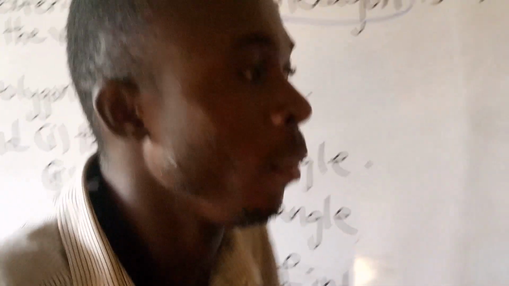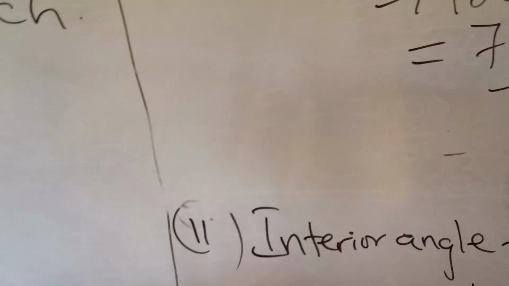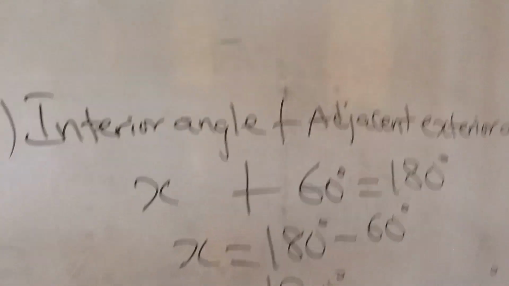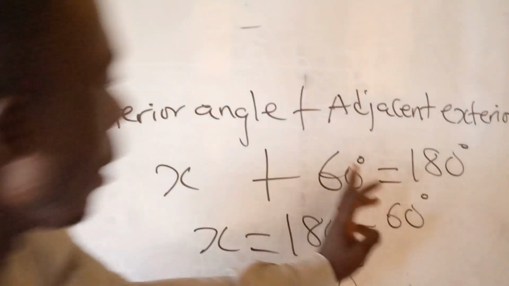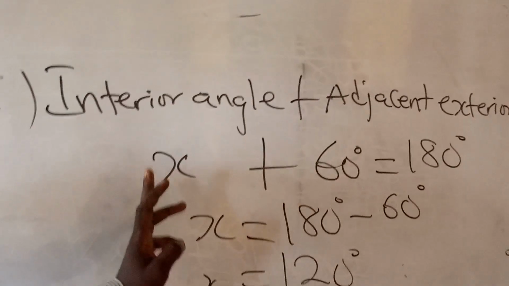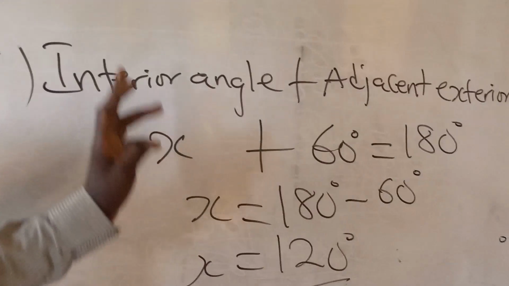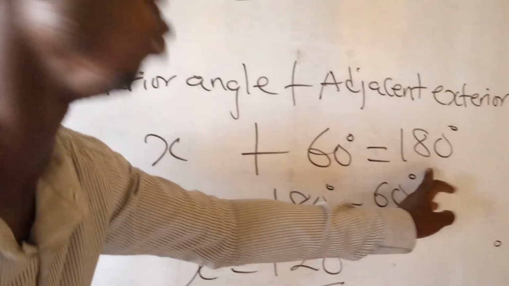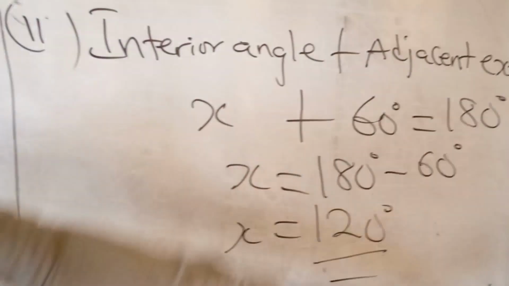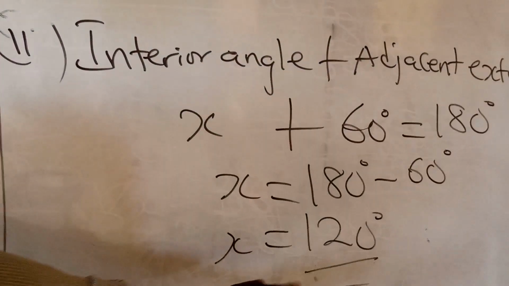The sum of interior angle and adjacent exterior angle is 180. We now know the adjacent exterior angle, but we don't know the interior angle. You add them and equate to 180, group like terms and solve for the variable.